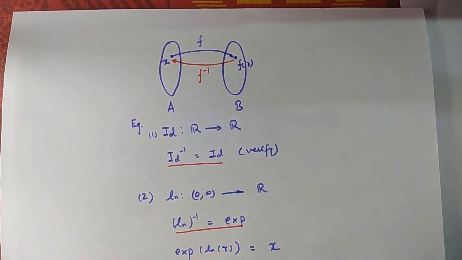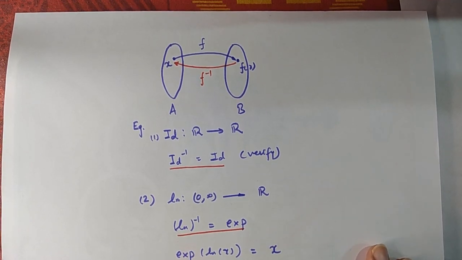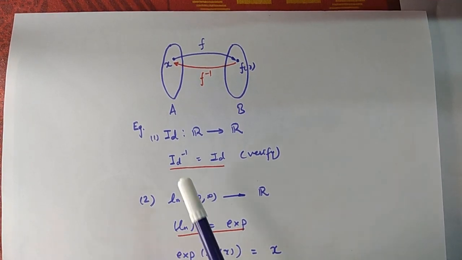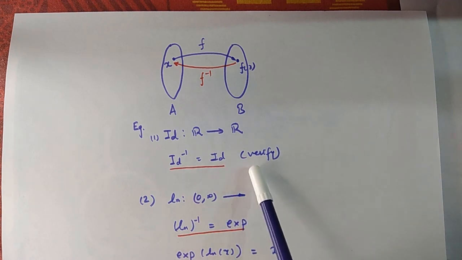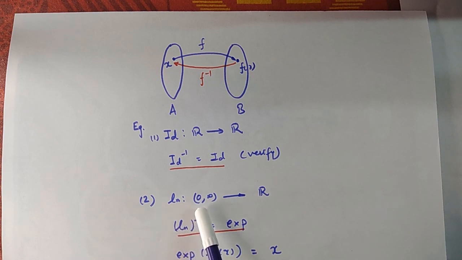Let us consider the inverse of some familiar bijective functions. The inverse of the identity function is the identity function itself, as you can verify. For the logarithmic function from (0, infinity) to R, the inverse of the logarithmic function is the exponential function, because exponential of log x is equal to x.